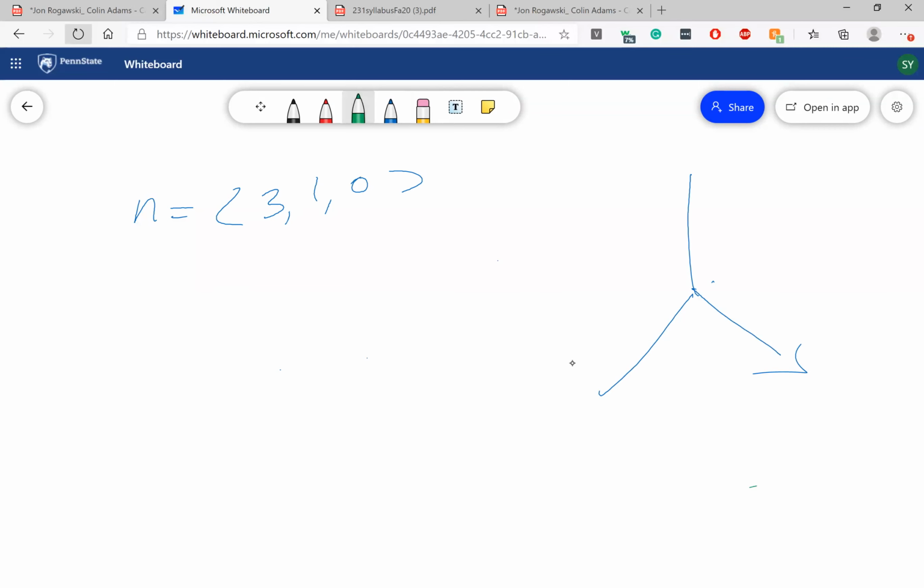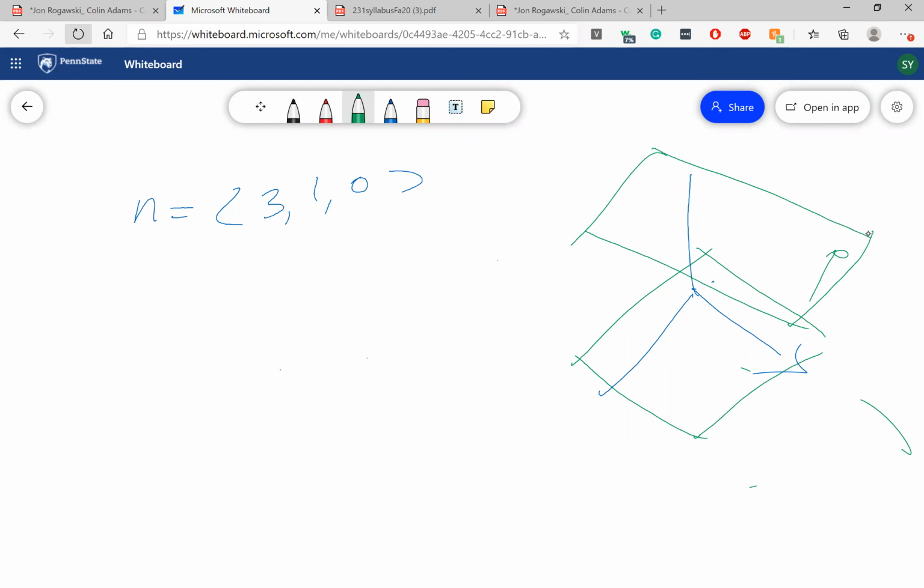You can have this plane over here, but then you can move this plane up and have this plane over here. And they both can have the same normal vector, because the normal vector is just the vector pointing out of the plane, a vector orthogonal to the plane. So you need a normal vector, but you also need a point, the point x0, y0, z0 that we talked about. So you need a point P0, and it's a point on the plane.